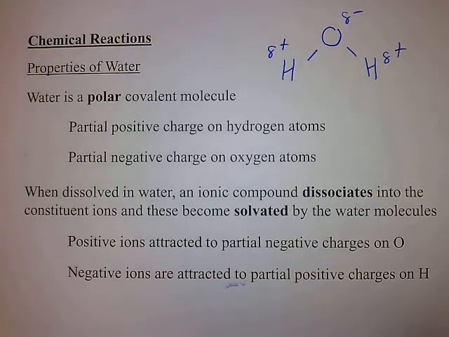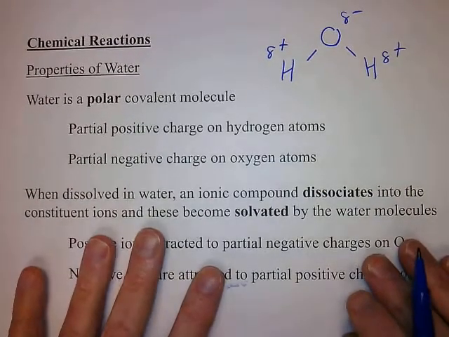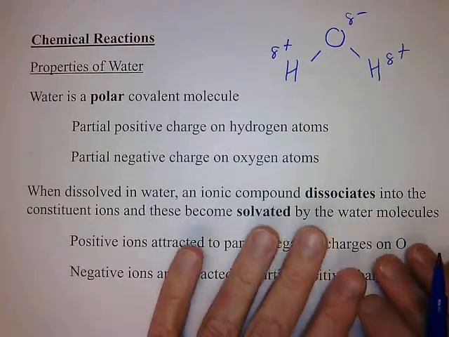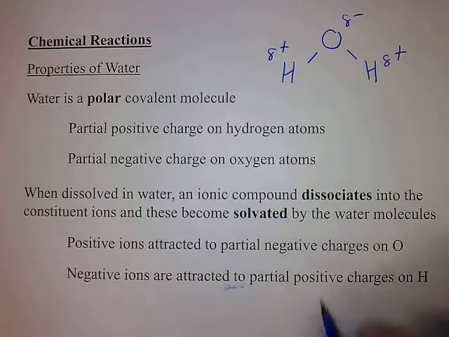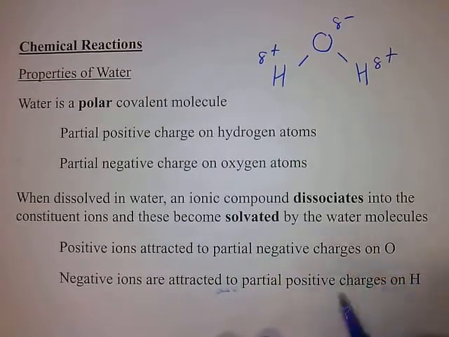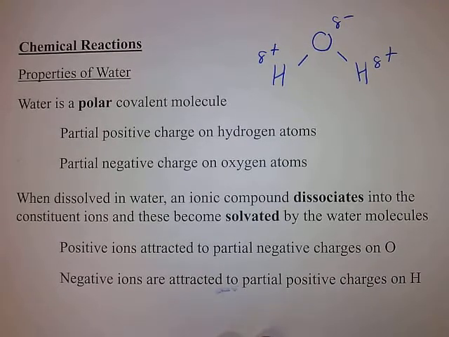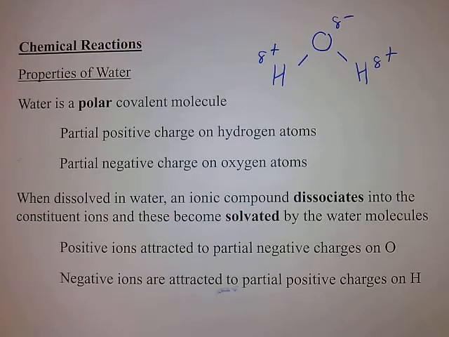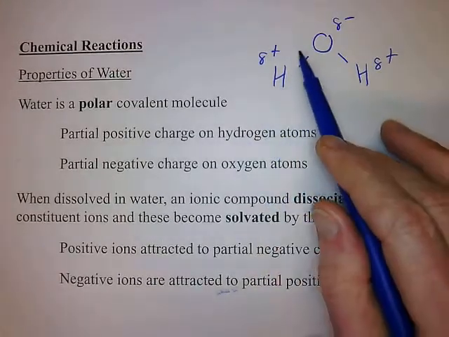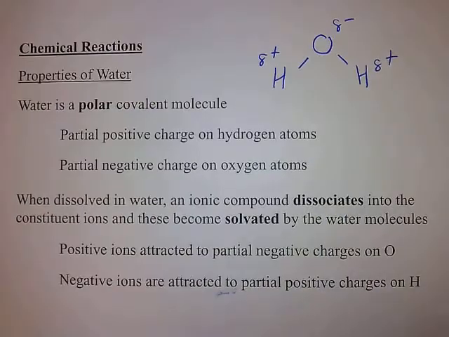All right? So when dissolved in water, ionic compounds dissociate into their parent ions, and these ions become solvated by the water molecules. There are forces of attraction between oppositely charged ions, even the partial charges that you see in water.